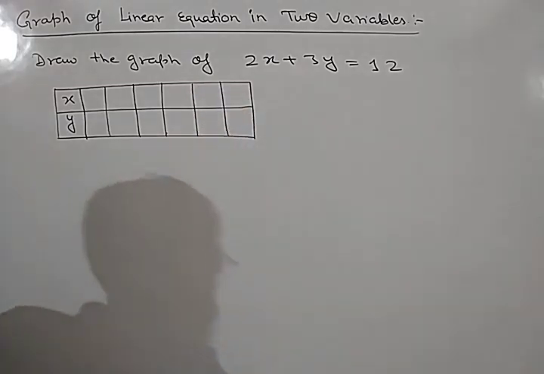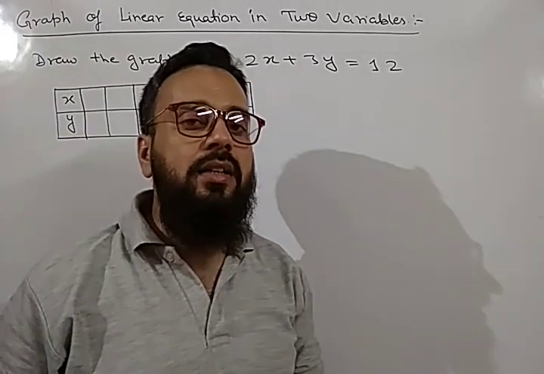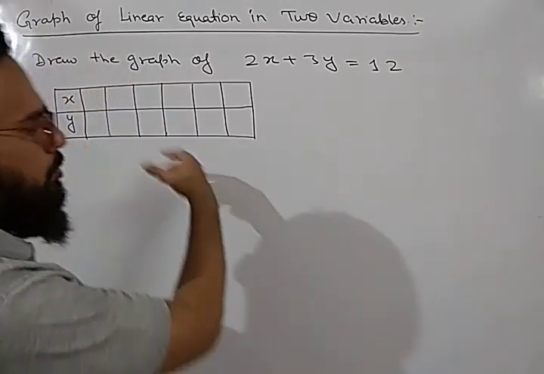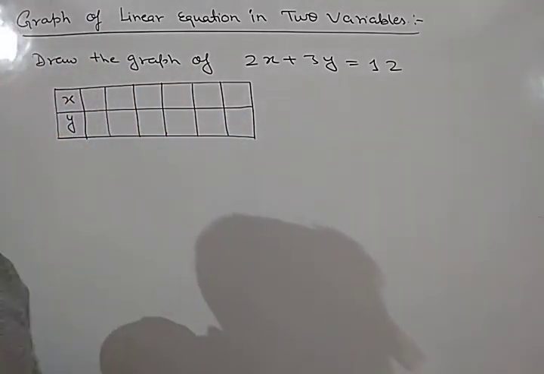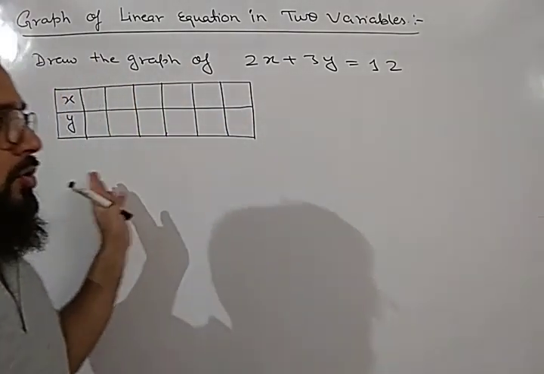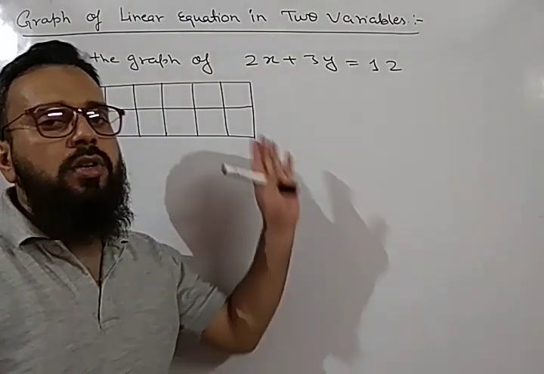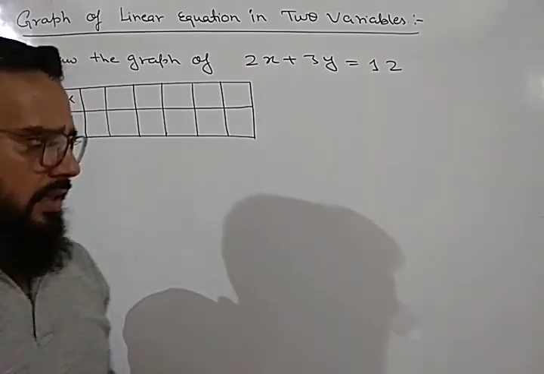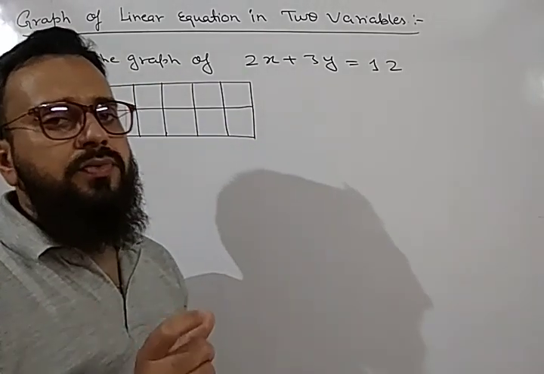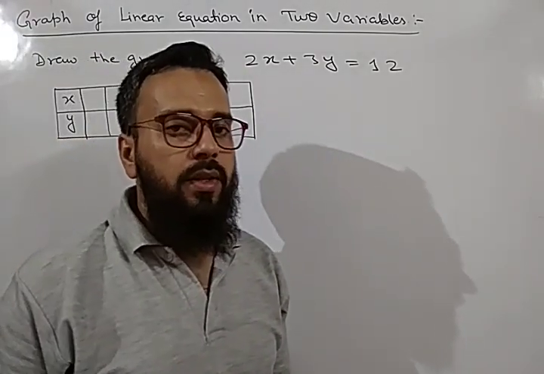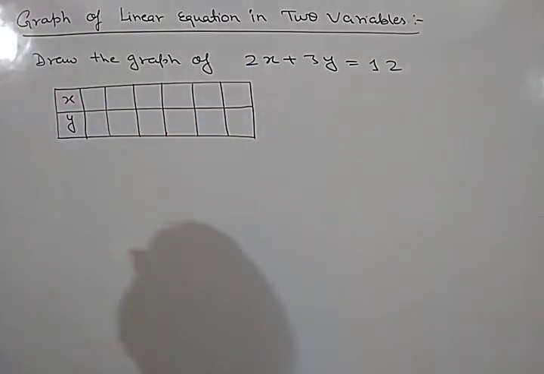If we place only two values, then also we can get the graph. But if we can take more than two values, 3, 4, 5 values, whatever you want, you can take those values. It will be better to take at least 4 values so that your graph can be completed. But the graph can be drawn by finding just two values also. Okay, so we will find the values.